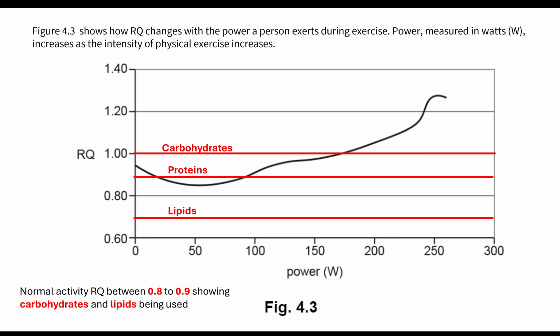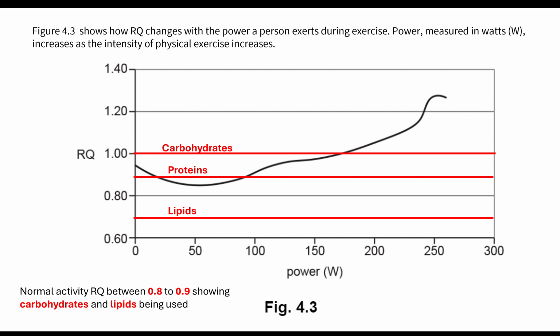Our amino acids that are in excess are going to be deaminated in the liver, so those carbon skeletons can be utilized. So the majority of the time when we talk about normal activity, we would say 0.8 to 0.9 is both carbohydrates and lipids. If it were to reach down to 0.7, we would state that lipids were being utilized as a respiratory substrate.